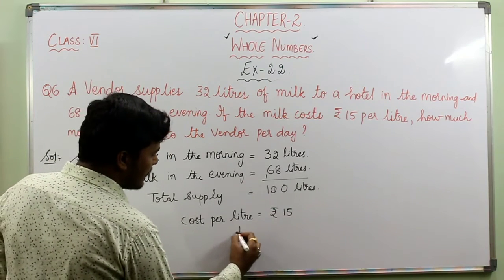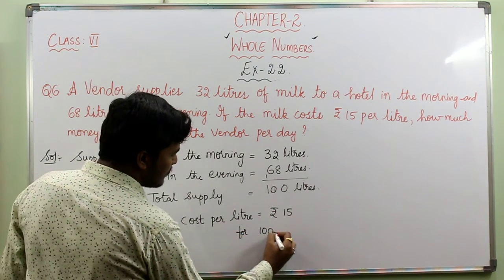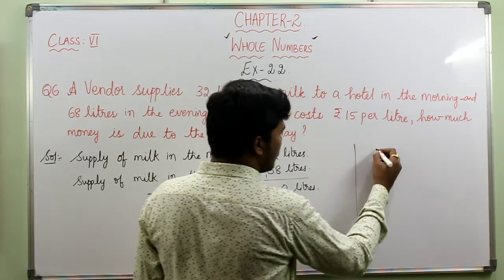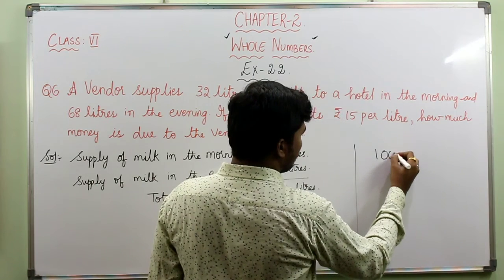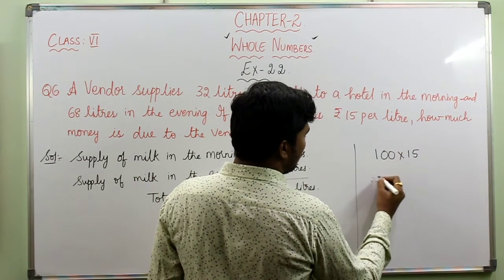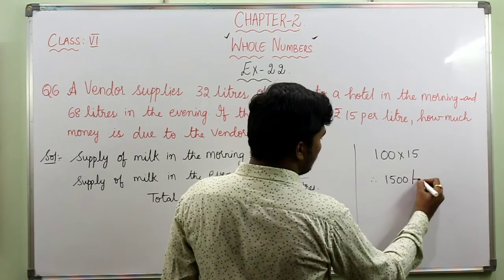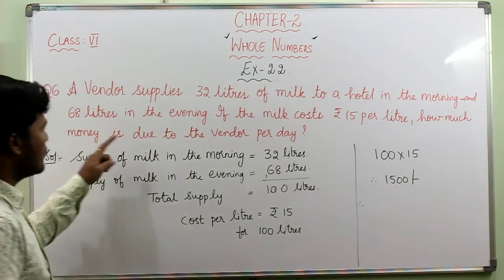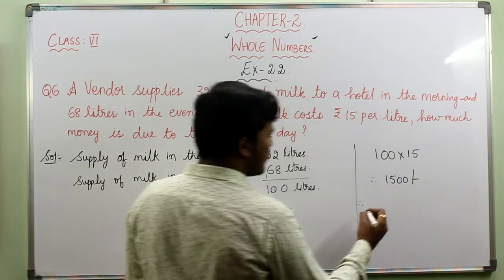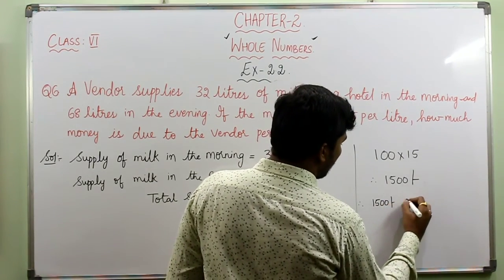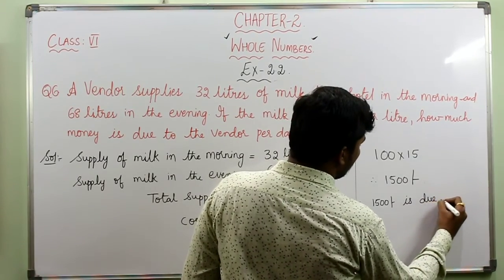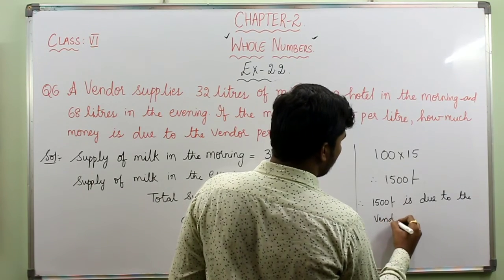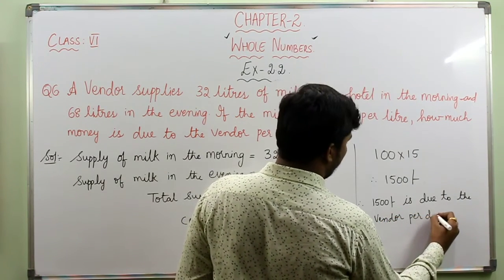So for 100 liters, it will be 100 into 15. Therefore 1500 rupees. So how much money is due to the vendor per day? Therefore 1500 rupees is due to the vendor per day.